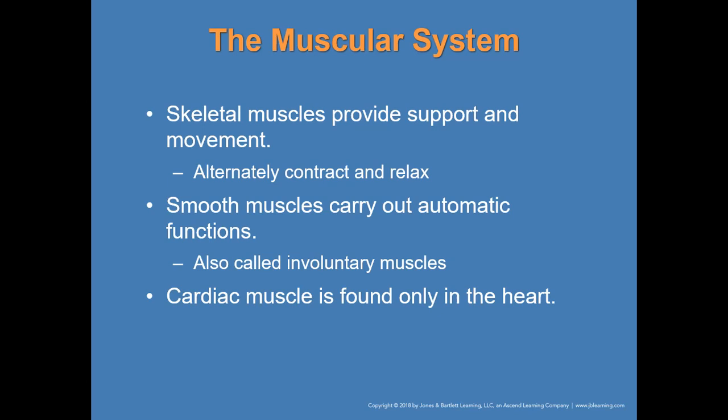Voluntary muscles would be me picking up a pen or throwing a football or a baseball. I'm voluntarily moving my arm in that direction. An involuntary muscle, we don't have to tell our minds to do it. It does it on its own. And then, of course, cardiac muscle, much like its name, is only going to be found in the heart.